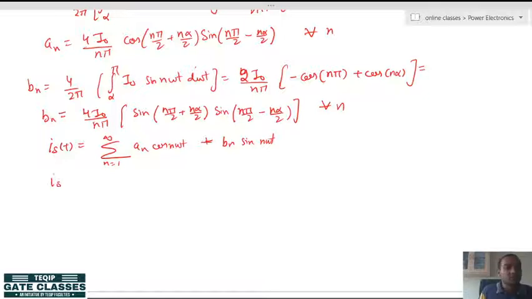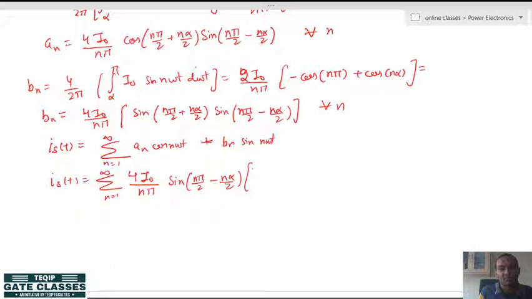So, you will get i(t) equals summation n equal to 1 to infinity, taking the common terms out, 4 I naught upon n pi, sin n pi by 2 minus n alpha by 2, and what we are getting here is cos n pi by 2 plus n alpha by 2 into cos n omega t, plus sin n pi by 2 plus n alpha by 2 into sin n omega t.